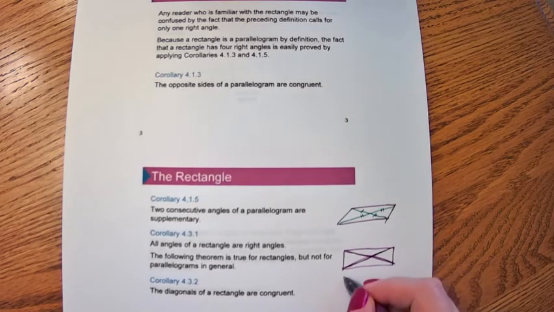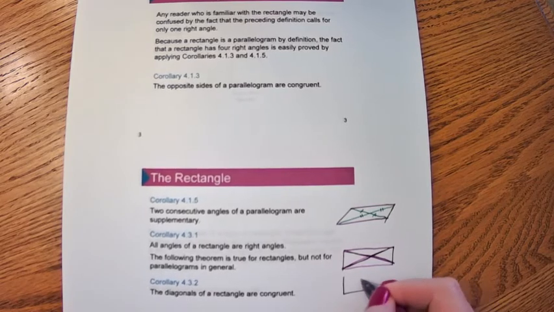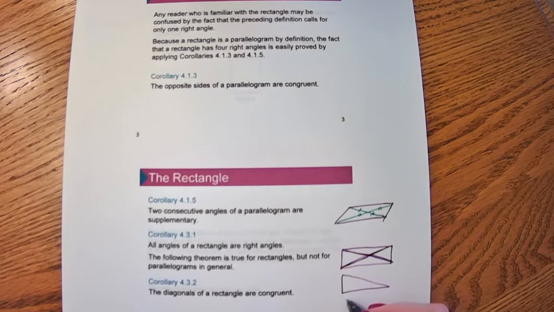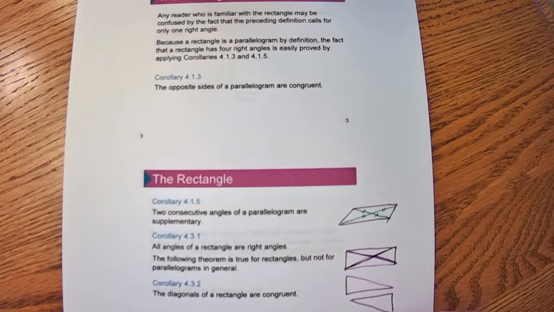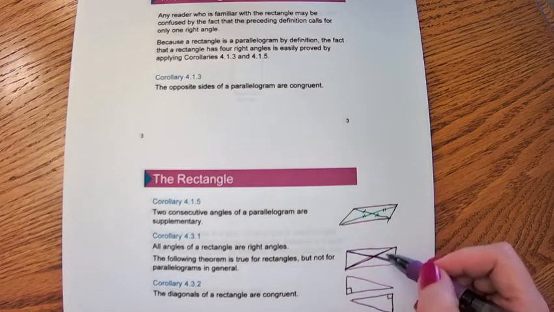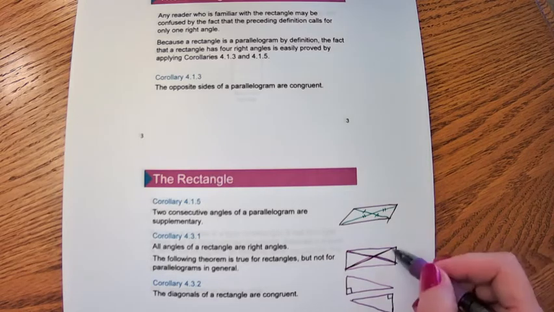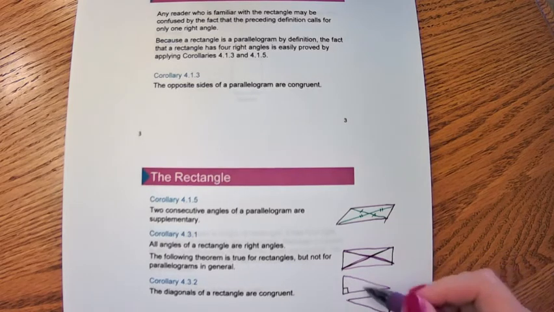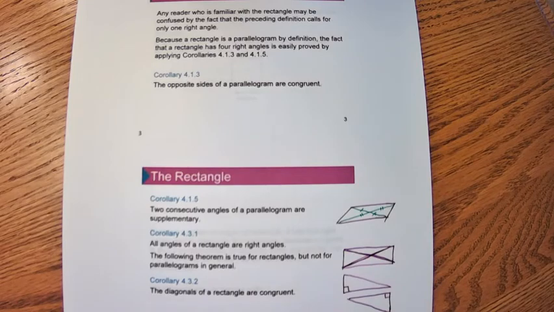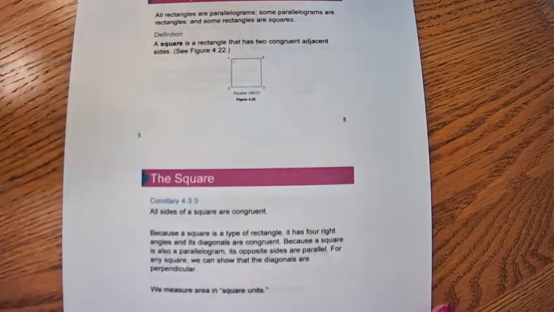And you can think of that because that would be one triangle, and that would be the other triangle, and they have right angles, the upper triangle and the lower triangle, and they have side, side, side, so they're congruent. So the diagonals of a rectangle are congruent.